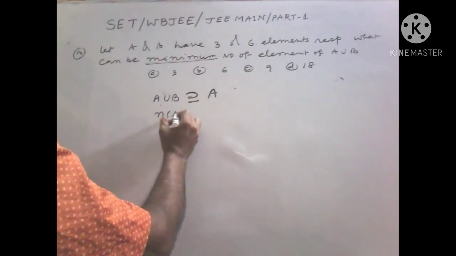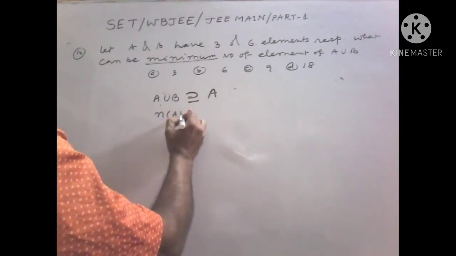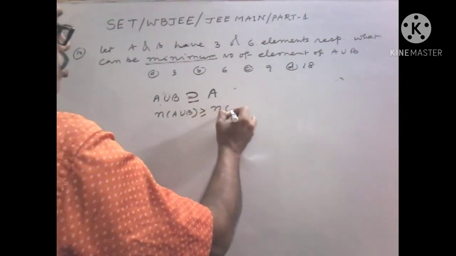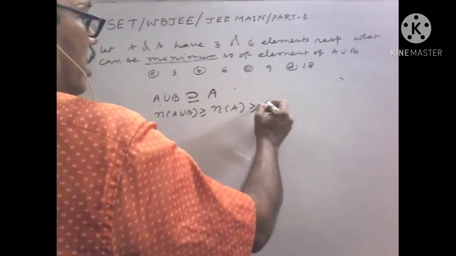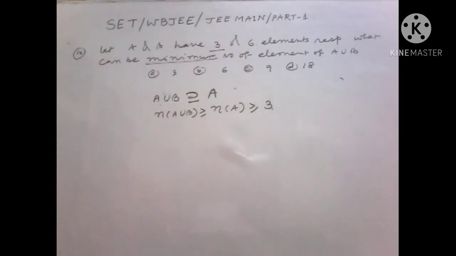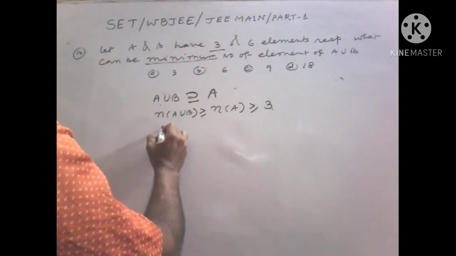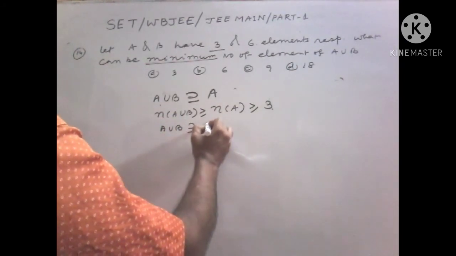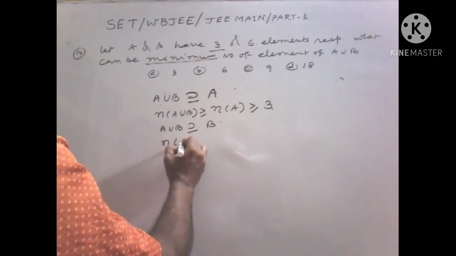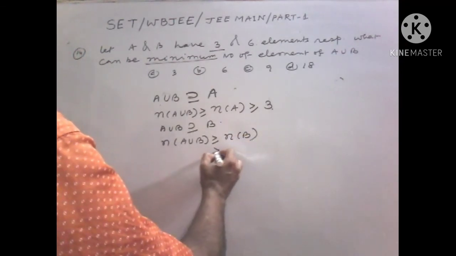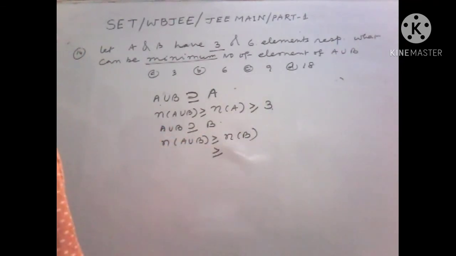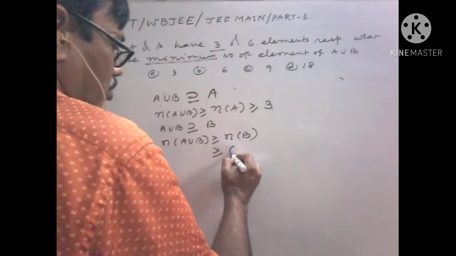So we have n(A union B) greater than or equal to n(A). What is n(A)? n(A) is 3. Also A union B contains B. So n(A union B) is greater than or equal to n(B), so greater than or equal to 6.